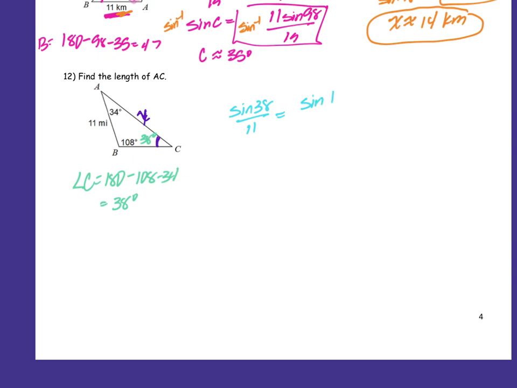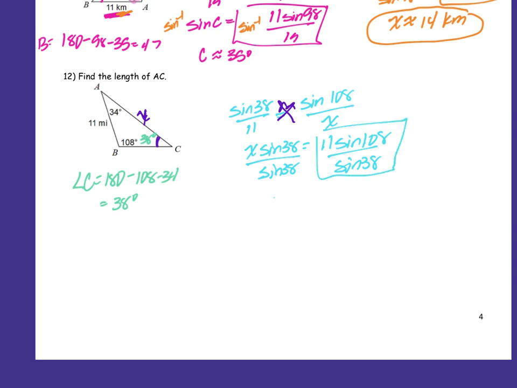Sine of 108 over X. Cross multiply, and I get X sine of 38 equals 11 sine of 108, divided by sine of 38. Put this into my calculator, and X is approximately equal to 17 miles. When you get done rounding, it's approximately 17, because I think it's 16.99 or something like that. Round it up, so it'd be 17 miles.